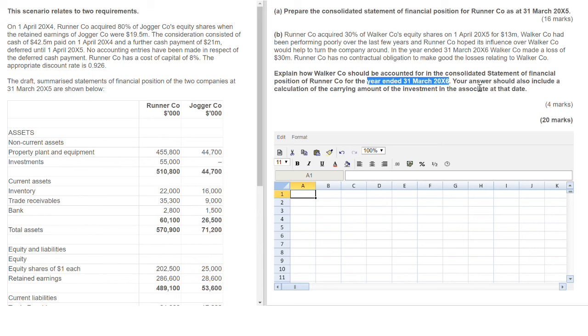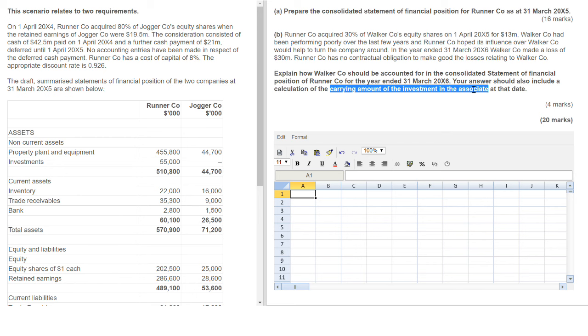Your answer should include a calculation. So not only are we explaining things, we're calculating some numbers of the carrying amount of the investment in the associate. So it's giving it away how things are going to be accounted for. It must be an associate whereby we have significant influence at that date, the 31st of March 20x6.